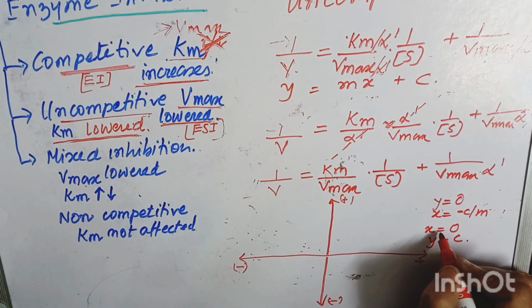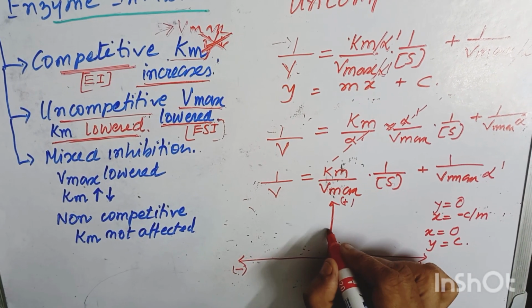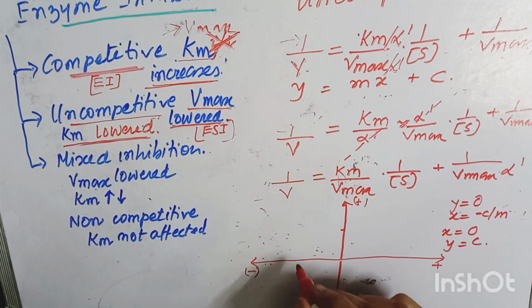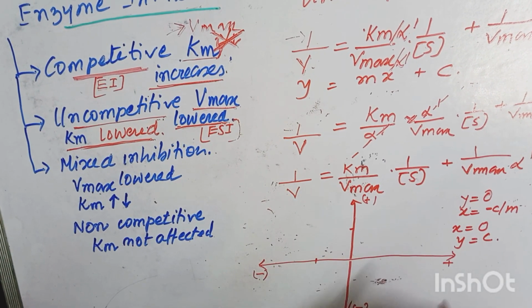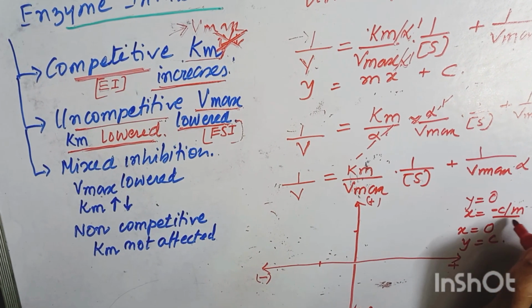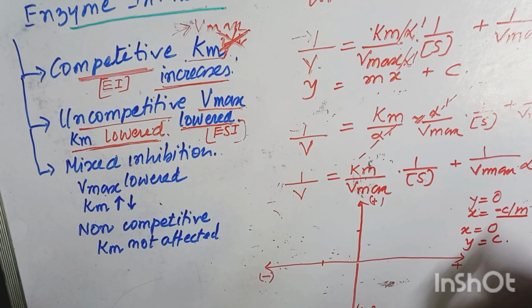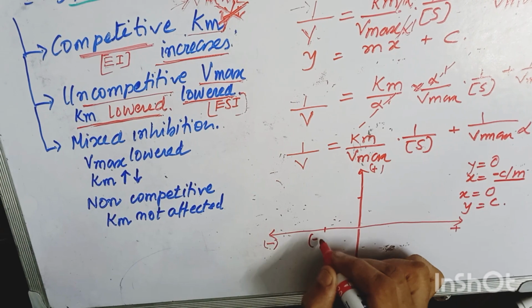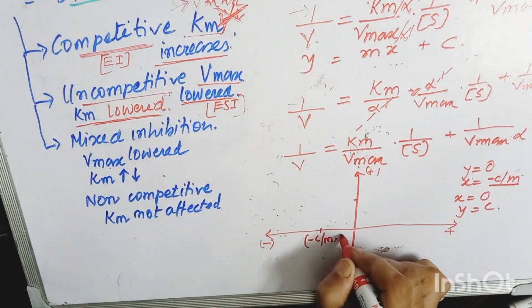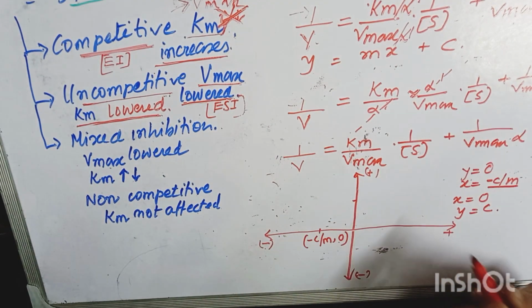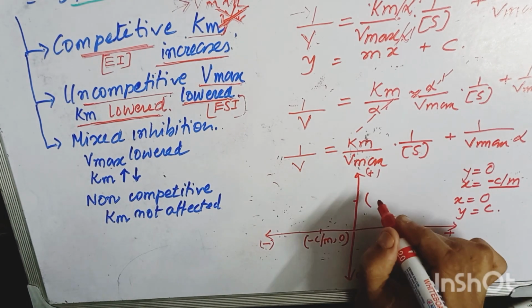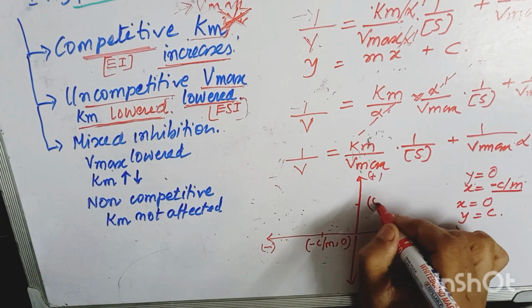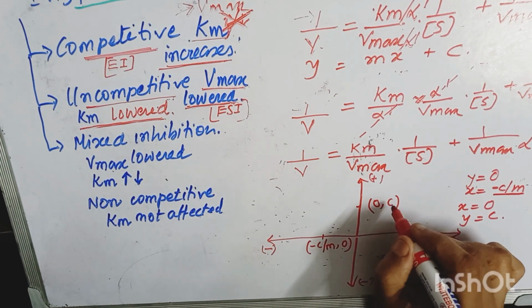The point with x equal to 0 is on the y axis, and the point with y equal to 0 is on the x axis, at minus c by m, 0.